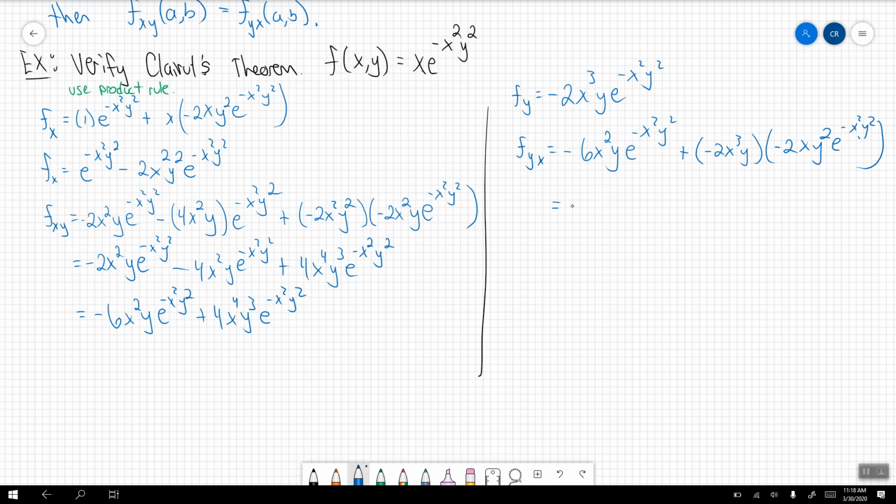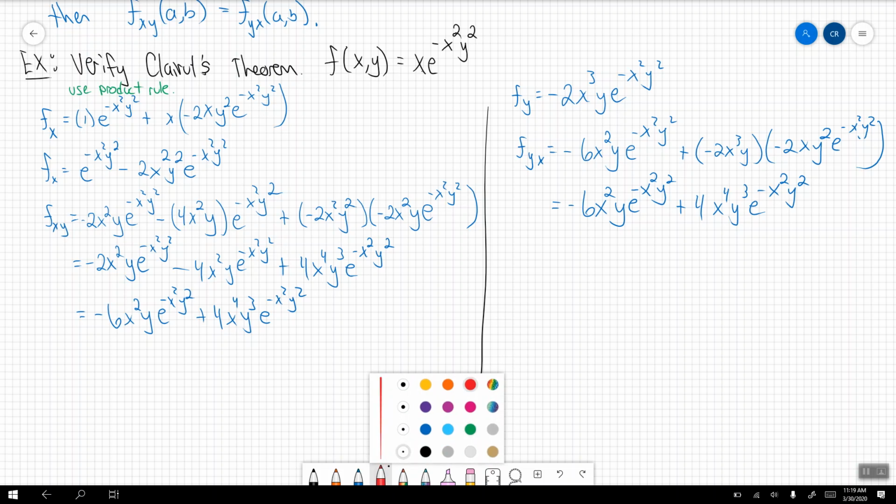Nice. And we should automatically be able to see at this point in time that both of these derivatives are exactly the same. In other words, Clairaut's theorem holds.